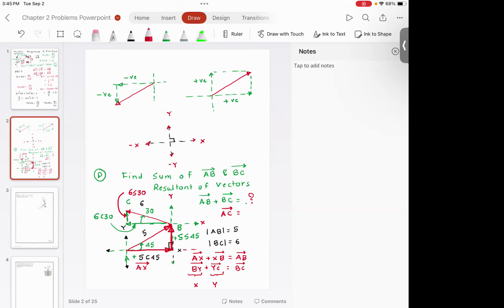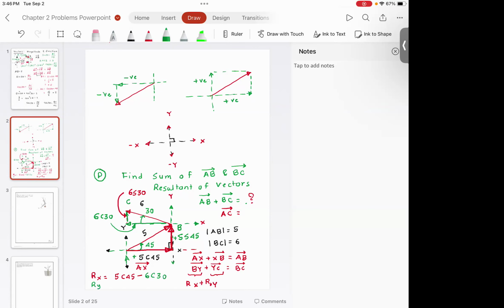So the way this is written, the resultant in x direction is going to give you Rx, and this is going to give you Ry. So Rx is 5 cosine 45 minus 6 cosine 30.